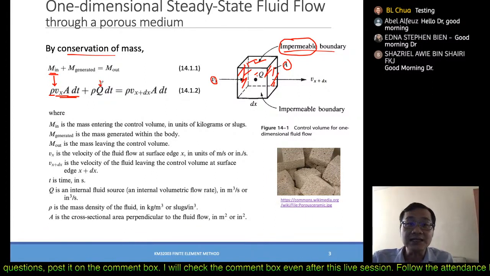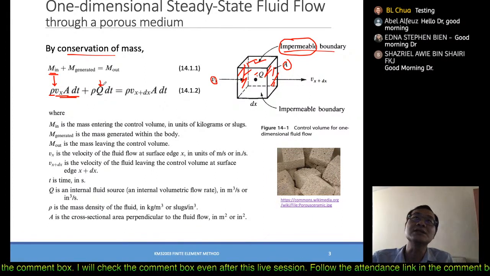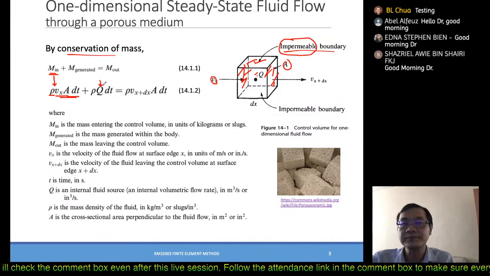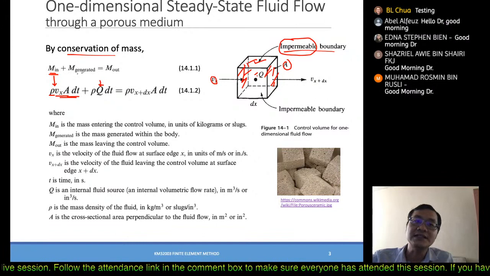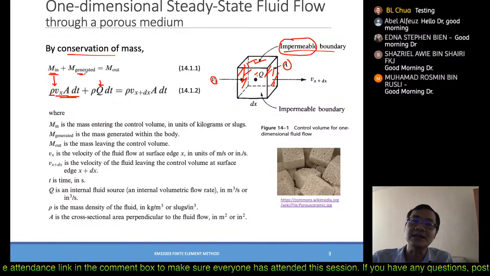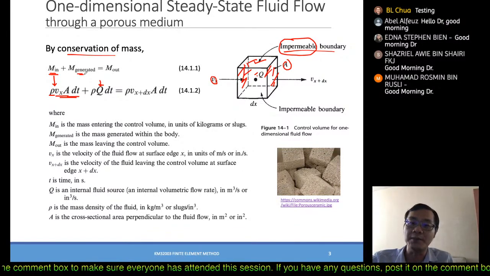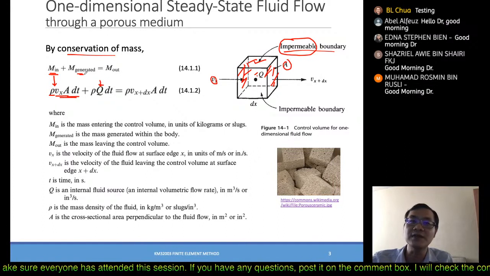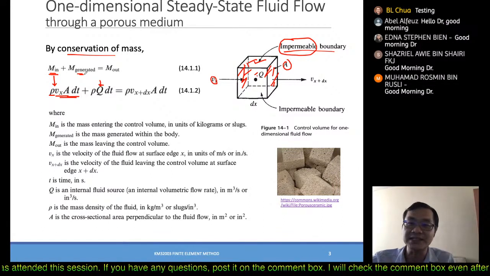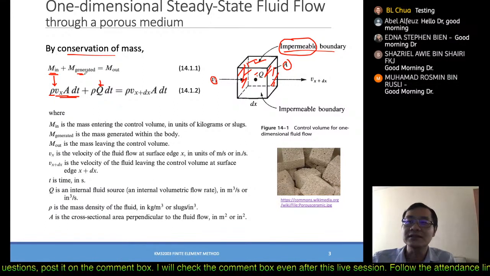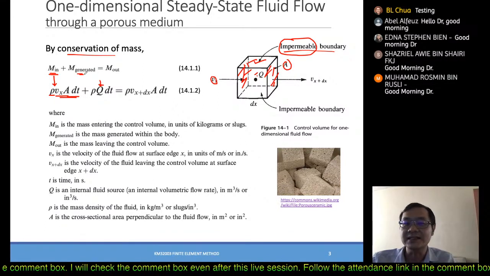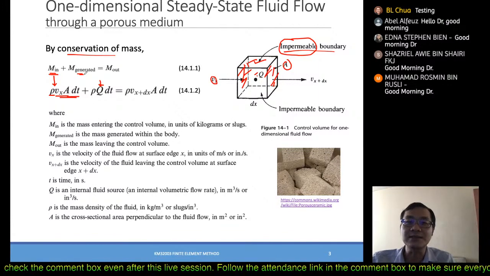Again, in this equation, similar to the previous heat transfer equations, the Fourier equation, this generated term can be positive or negative. When it is positive, the mass is increasing, whereas when it is negative, it becomes a sink. Previously it was a source and sink, similar to this case.